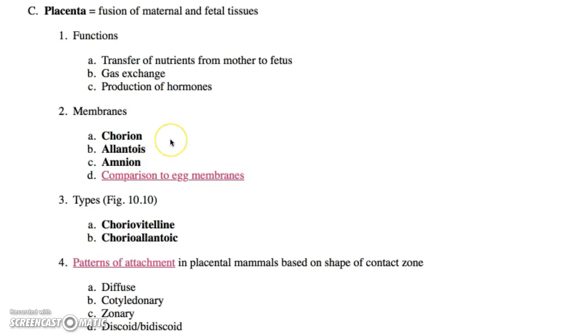And to understand the relationship between these membranes and what they do, it's useful to look at the membranes that surround the developing embryo inside the egg, because the earliest mammals laid eggs, and the development of the placenta was something that came later, and the structure of the placenta wasn't completely new and novel. It really is based off of the structure of membranes within the egg.